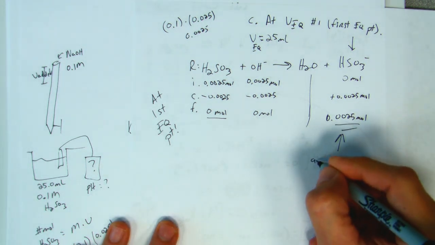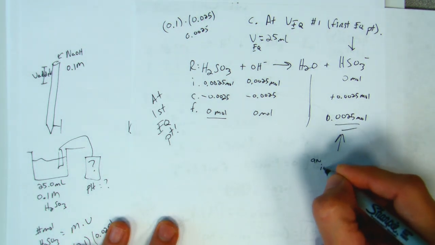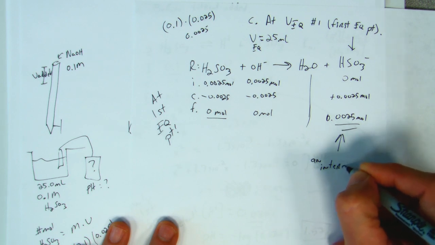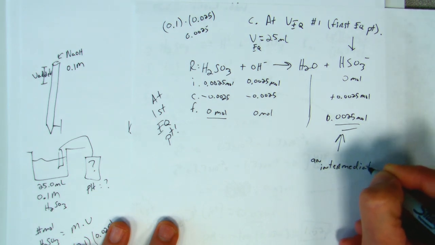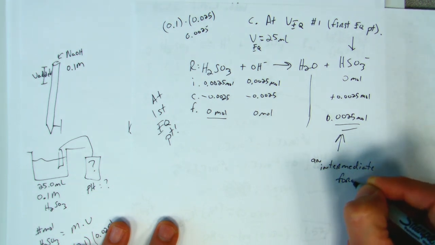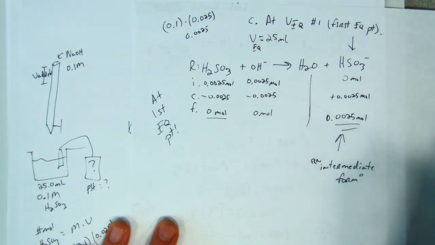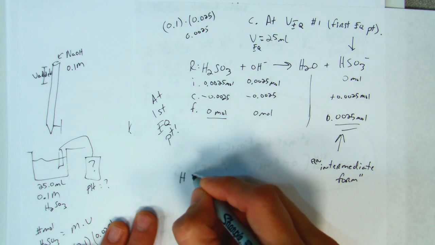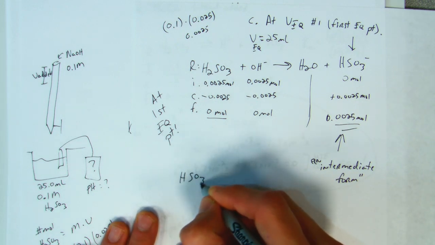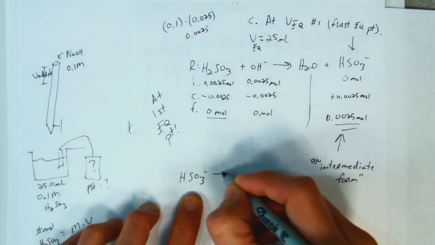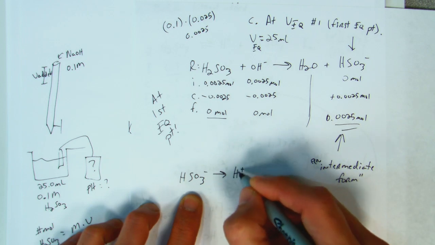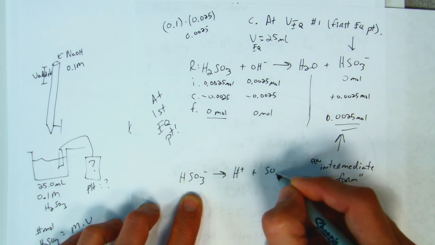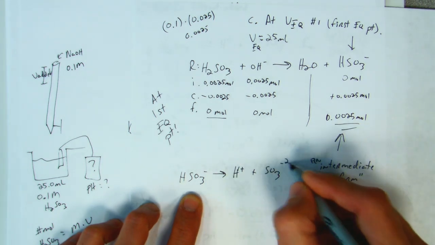But we have a little bit of a problem because this substance, I like to call an intermediate form. And what I mean by that really is it's amphoteric. You may recognize that that ion can donate a proton to make H plus and SO3 minus 2.